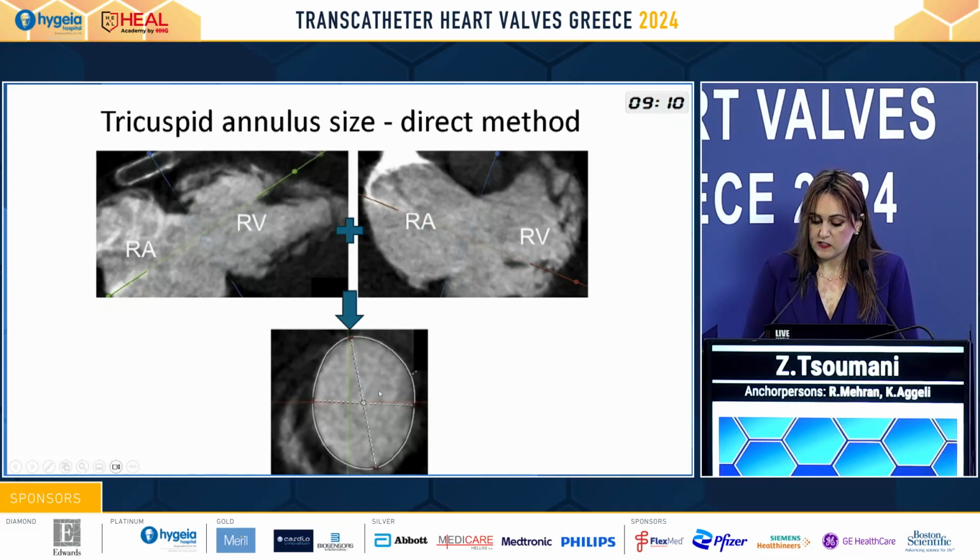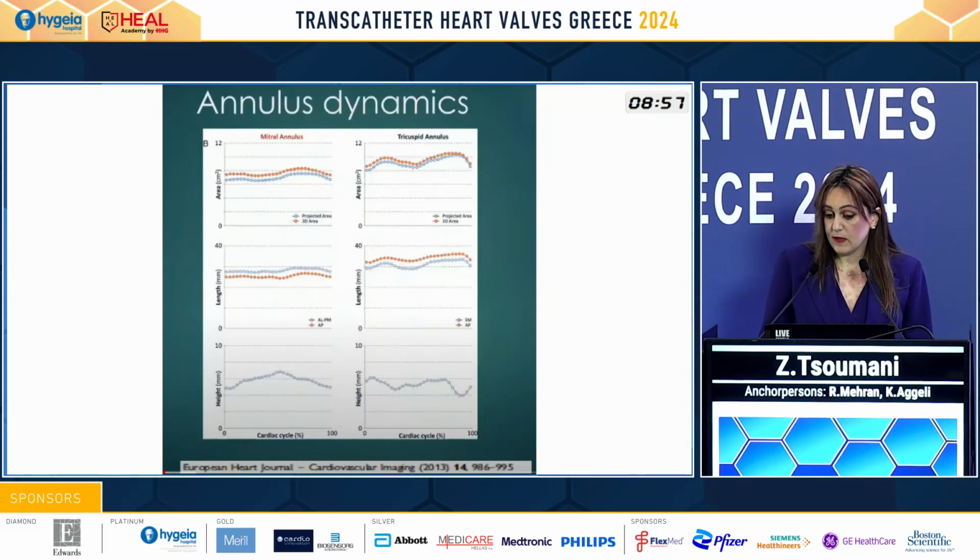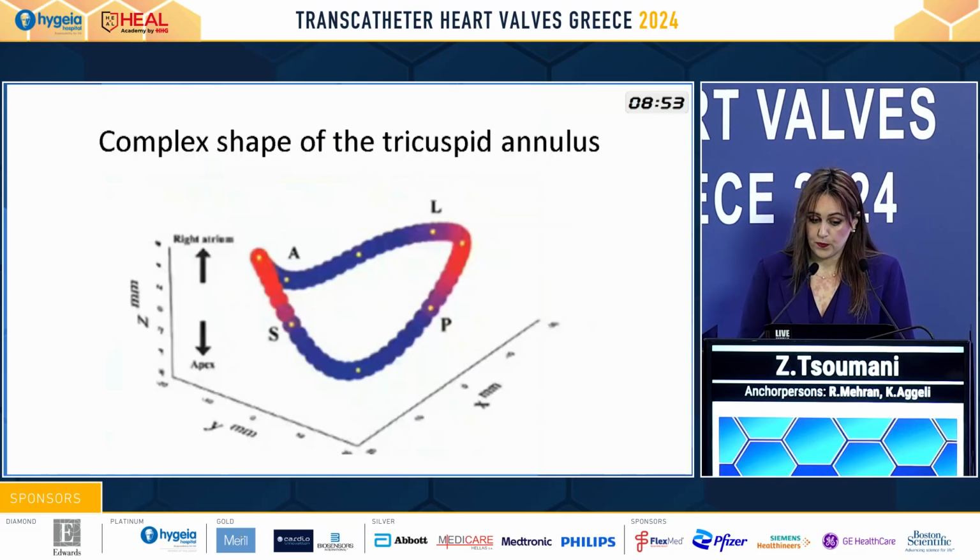We can do measurements here: area, perimeter, and dimensions. And we have to do those in both systole and diastole, as we know that the tricuspid valve is a dynamic structure and its area changes during the cardiac cycle.